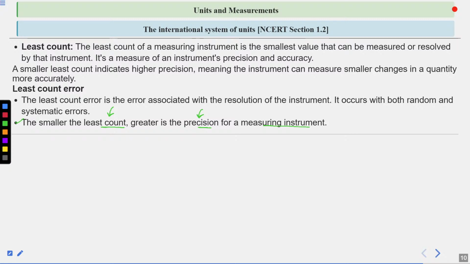Now, if you have any doubt, please ask. Good. Related to base units, related to derived units, related to SI International System of Units, least count, and least count error.